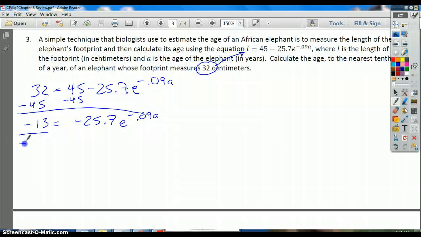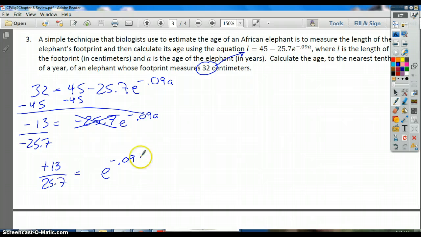And now we're going to divide this by negative 25.7. So that's gone. Okay, so I have negative 13 divided by negative 25.7, which is a positive. And then this is e to the negative 0.09a. Now, to get rid of e, you need to take ln of both sides.